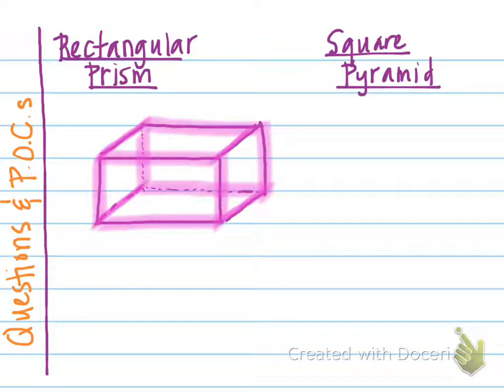So there are 12 edges. The faces are actually the surfaces, and there are 6 faces. There's a top, a bottom, 2 sides, and a front and a back.